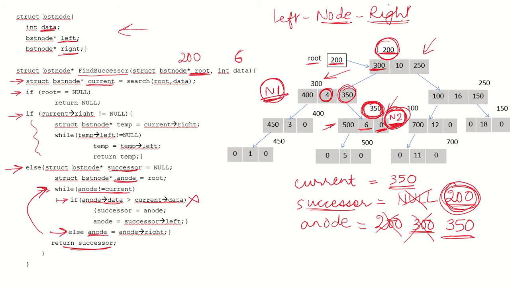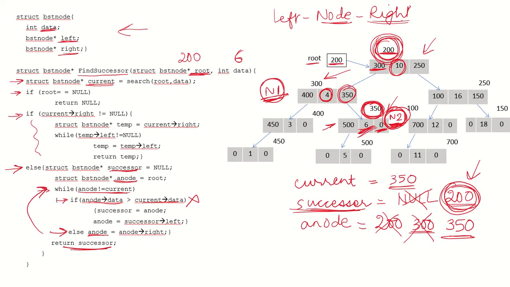It lies only in the left subtree of the root node. So our successor is going to be 200. This is the successor, and the data over here, 10, is the data that is going to be the successor of data 6.